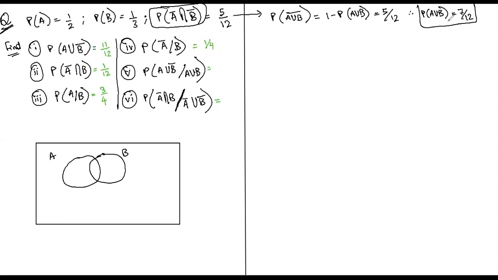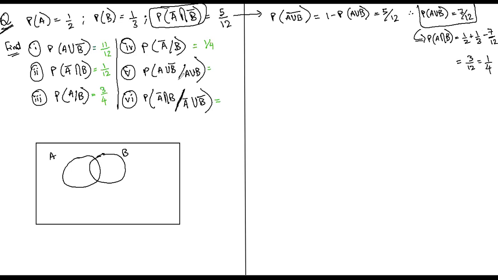So from here we can get probability of A intersection B. What is probability of A intersection B? Half plus 1 by 3 minus 7 by 12, which is 3 by 12, or 1 by 4.